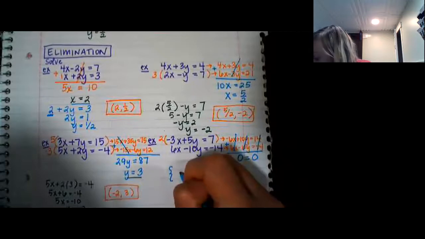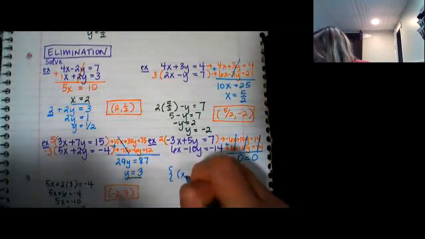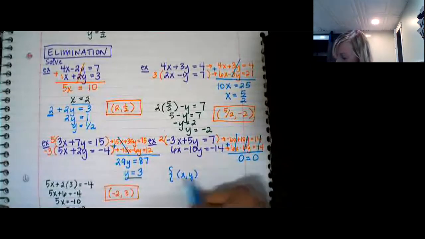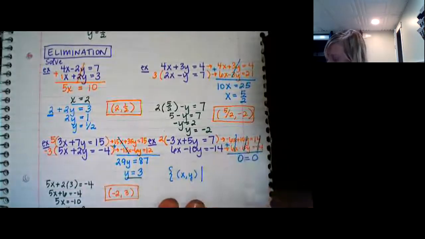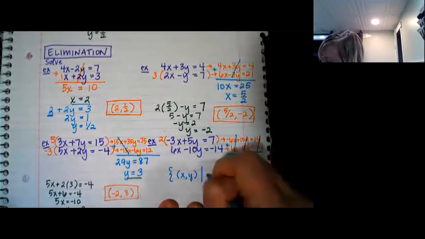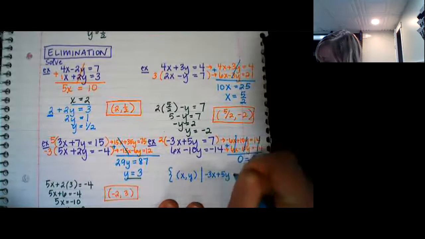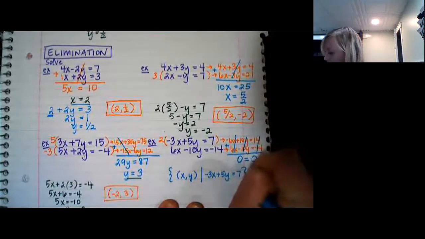where we make this fun little curly bracket, and you guys could practice making that. And it says any x, y, so that's just any ordered pair, such that, and then we say we pick one of the equations and then put a curly bracket.